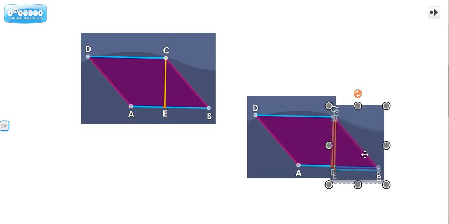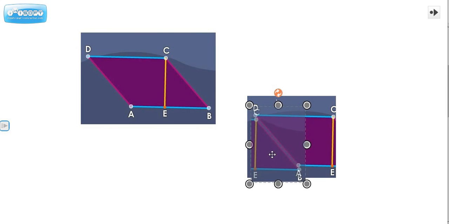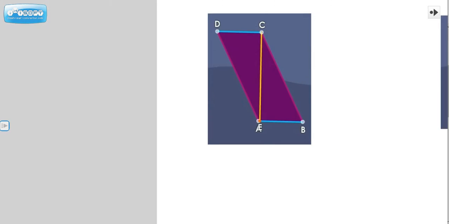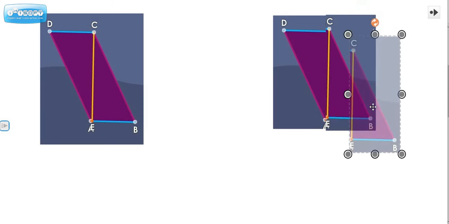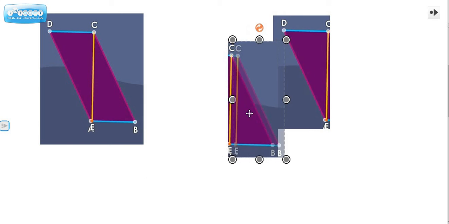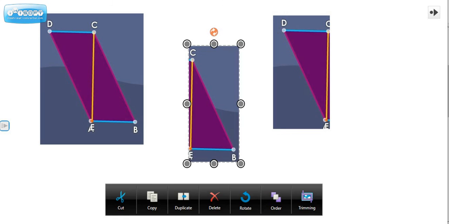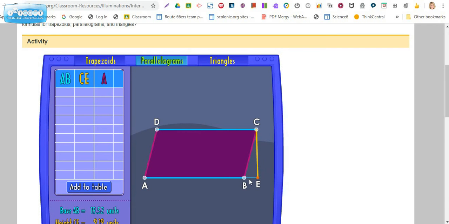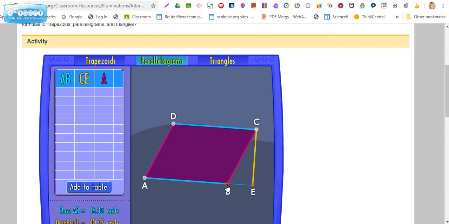If you take the triangle piece off of one side and put it on the other side, do you see how that forms the rectangle? It works for any parallelogram, so we can try that with this one. We cut that triangle piece off and we move it over here. Do you see how that forms a rectangle? And that's true for any parallelogram, and you can create any one you want using this app, and if you cut off the one triangle and just slip it in on the other side, it forms that rectangle.